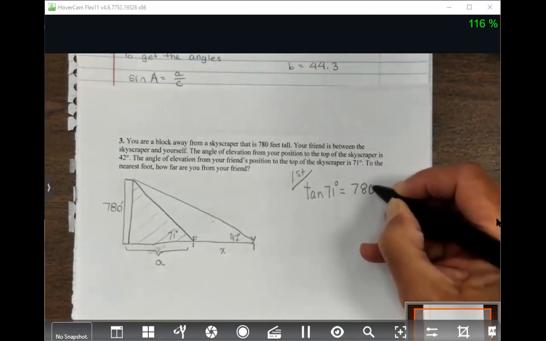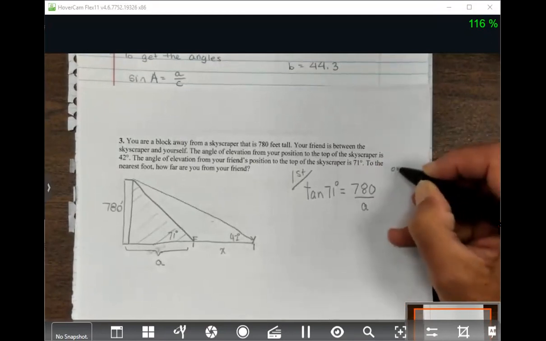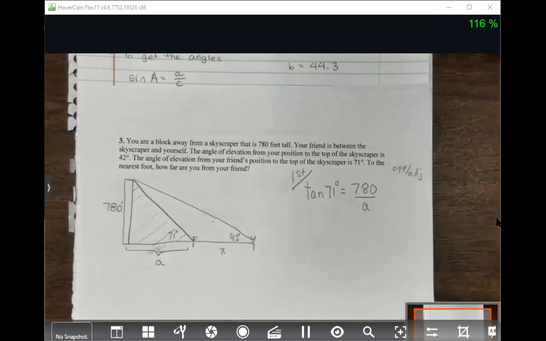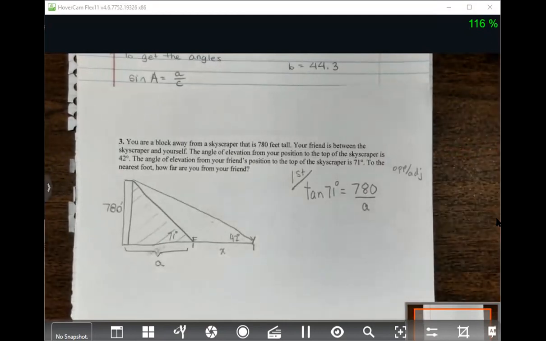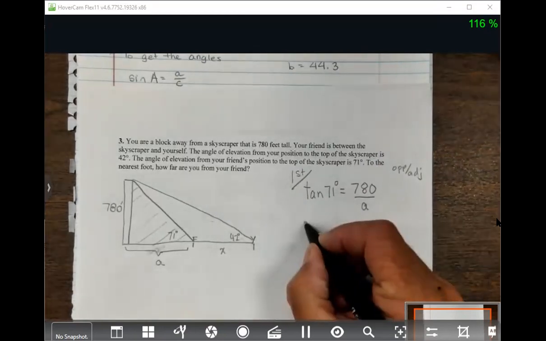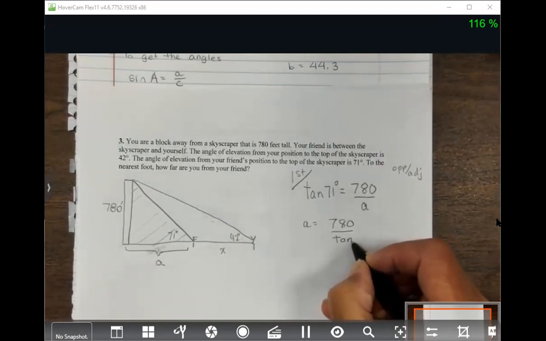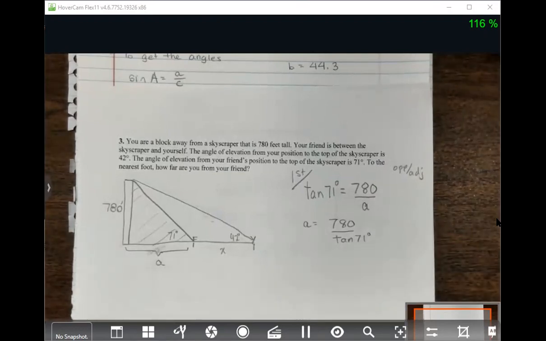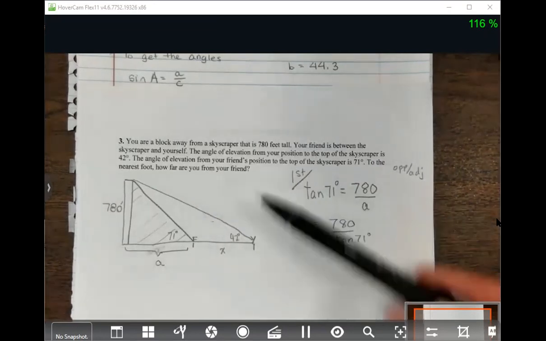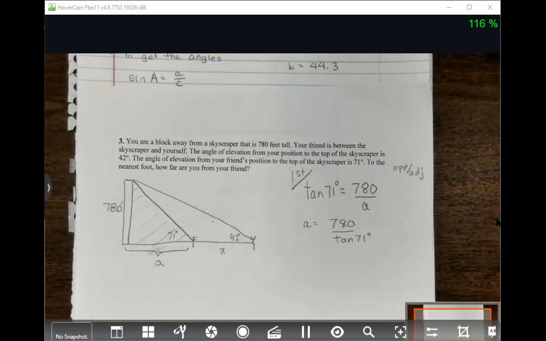Opposite over adjacent. And so swap places with the A and the tangent of 71 degrees. Okay, now I want to use the 42 degrees.